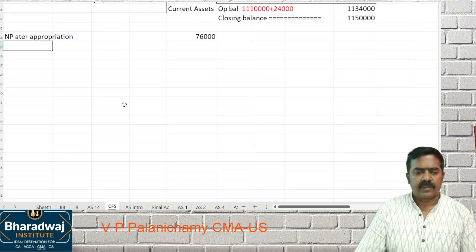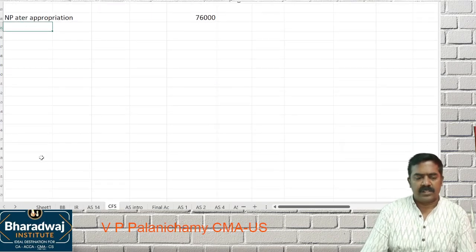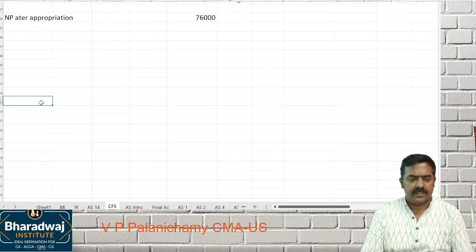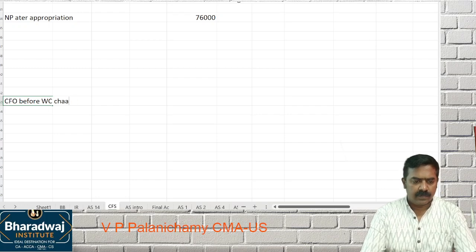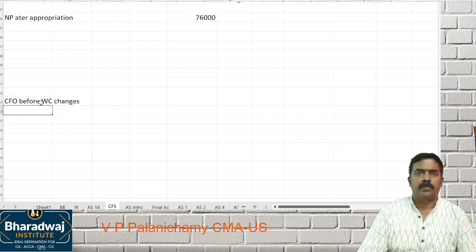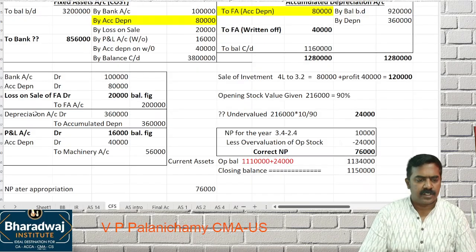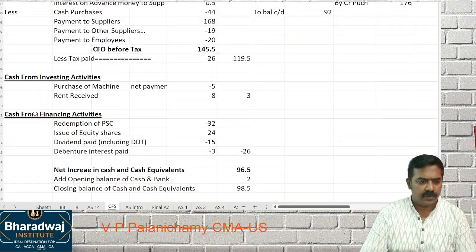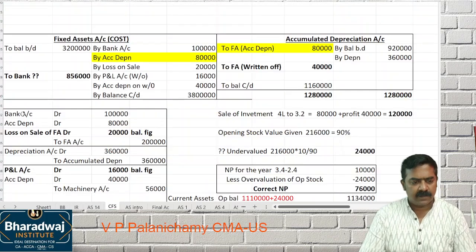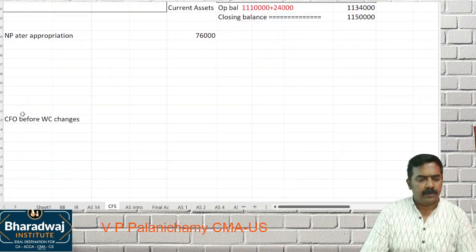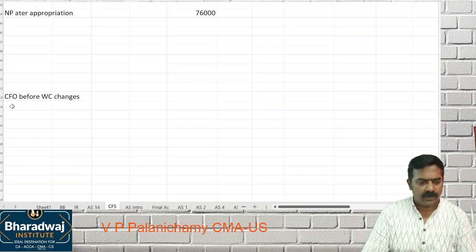Adjust and work out the CFO before working capital changes. Work up to this point. Then we will adjust for current assets and current liabilities. Try to work out up to net profit before working capital changes in this question.